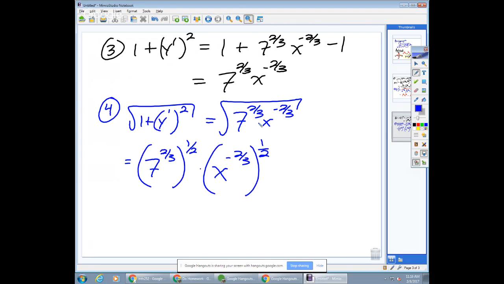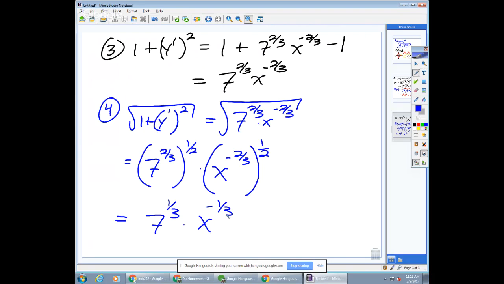Here we're getting the most intensive exponent rule review ever. 2/3 times 1/2 is 1/3, and negative 2/3 times 1/2 is negative 1/3. So this cleans up pretty nice: 7 to the 1/3 times x to the negative 1/3.